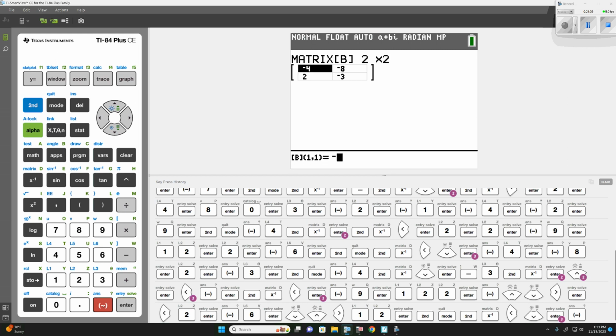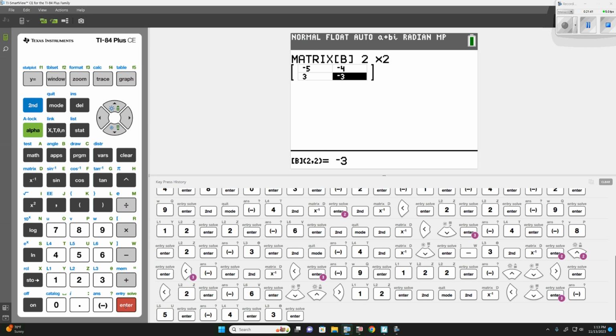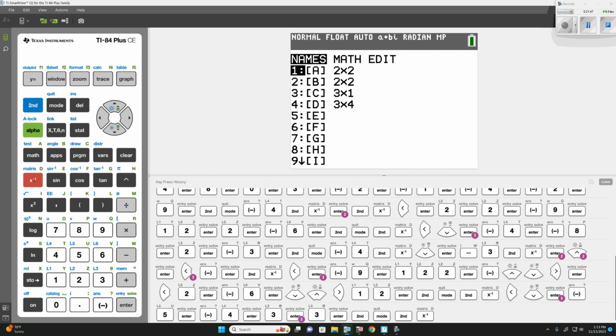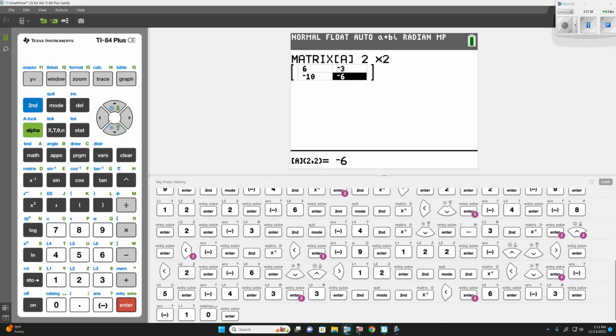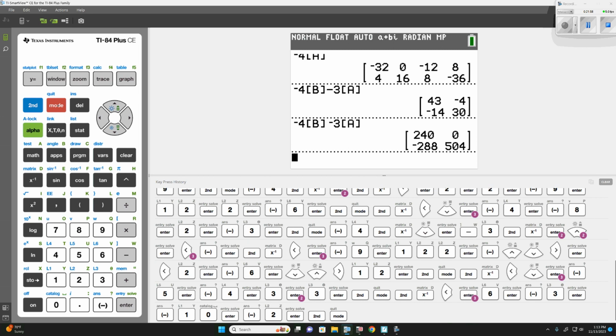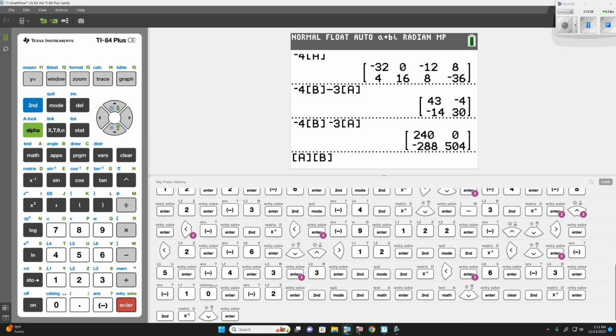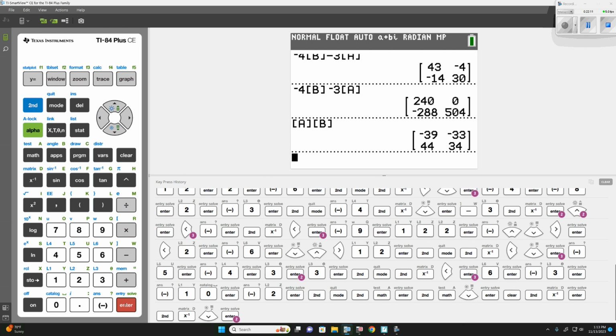Matrix B is 2 by 2: negative 5, negative 4, 3, 3. Put them next to each other, and it's understood that they are being multiplied together. And we get this here.